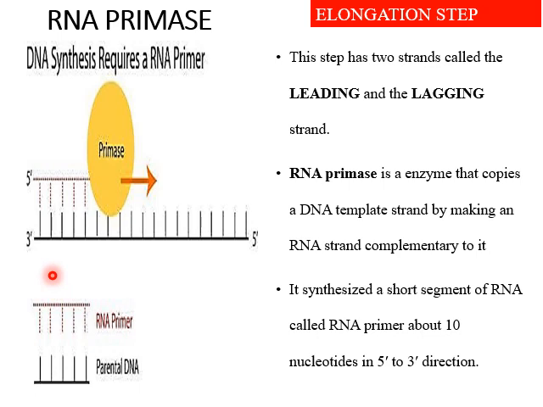Now, after the unwinding comes the elongation step. The elongation step is the synthesis of complementary bases continuously. This is ensured by an enzyme called RNA primase.